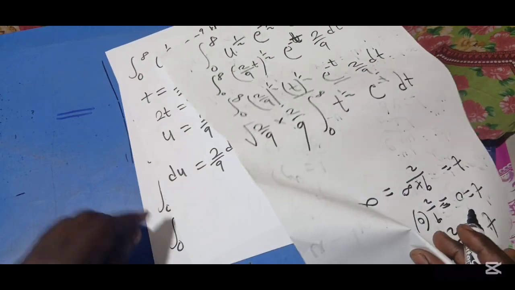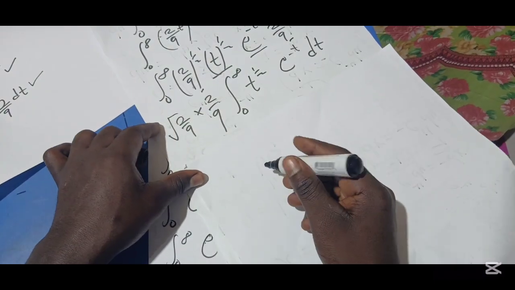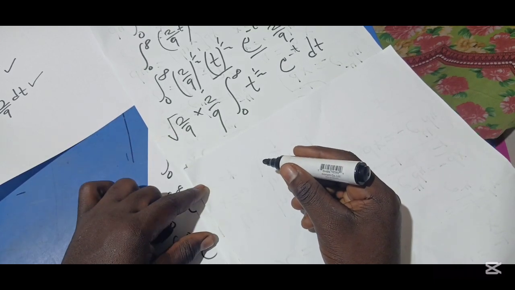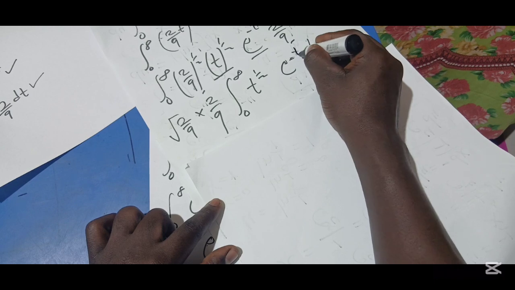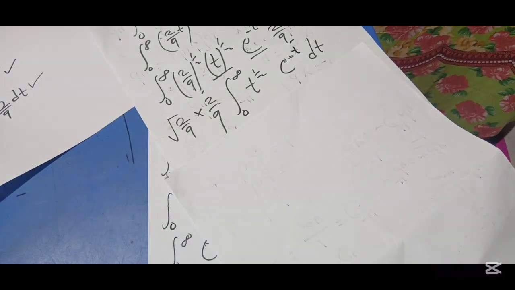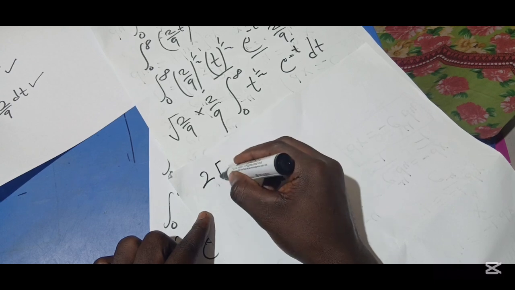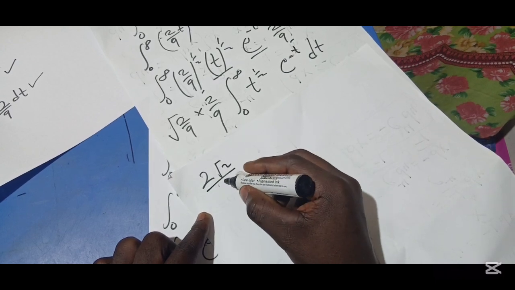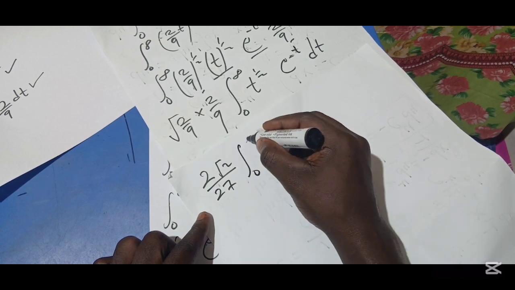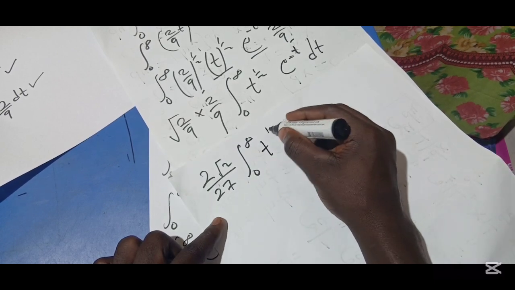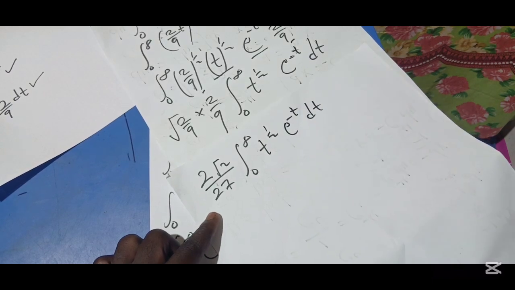So at this point, before comparing, let me simplify this out here. Multiplying this will give you 2 root 2 on 27, integral from 0 to infinity, t to the power half, e to the power minus t dt.